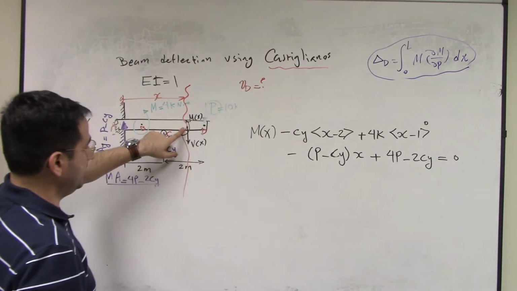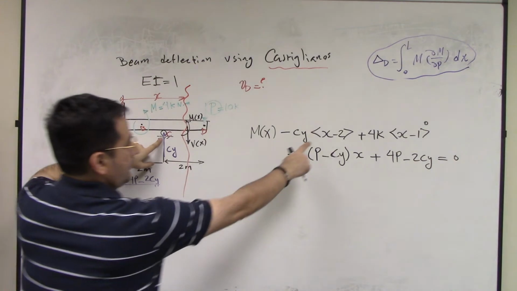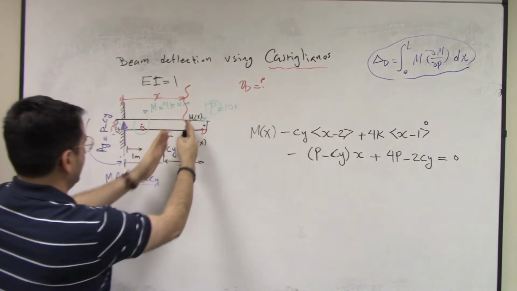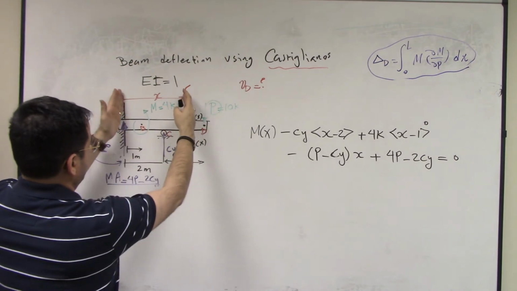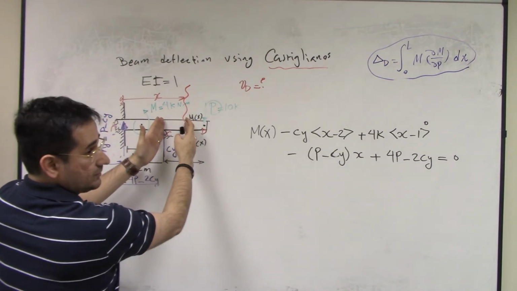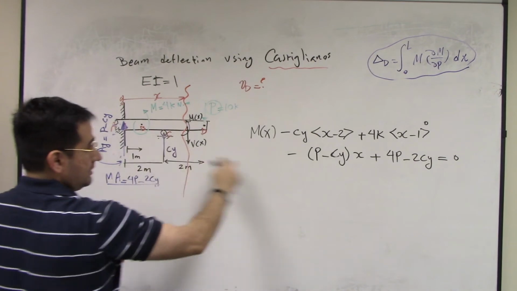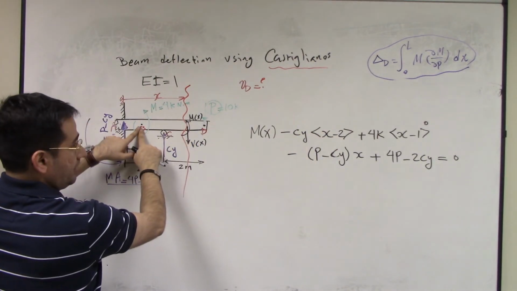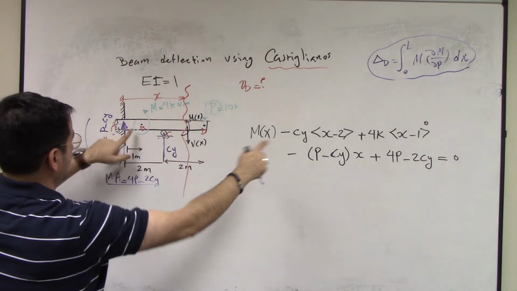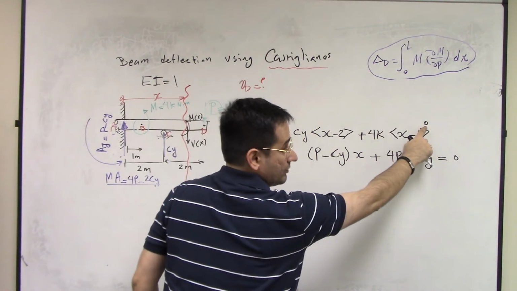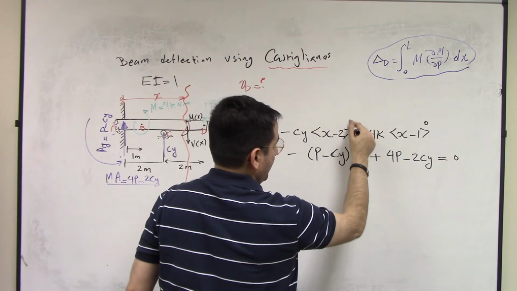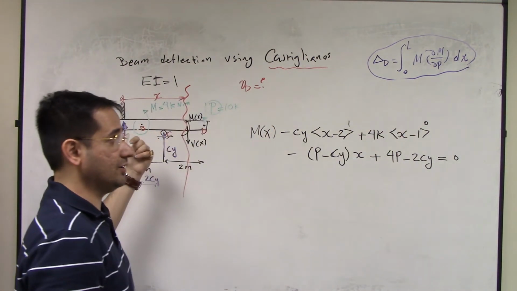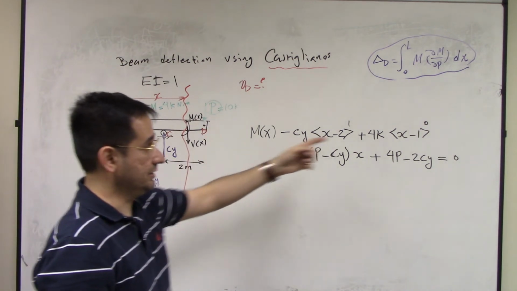So this is moment M, this moment coming from CY times this distance. And this distance is Heaviside minus 2, x minus 2 Heaviside. Because if you are before, this term is not here, it's 0. Then we go to this 4k, x minus 1 Heaviside to power 0, not 1. Because it acts like a switch. If you are before that, there is no 4k. After that, there is just 4k.